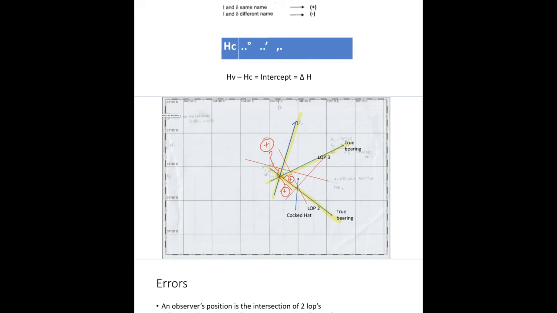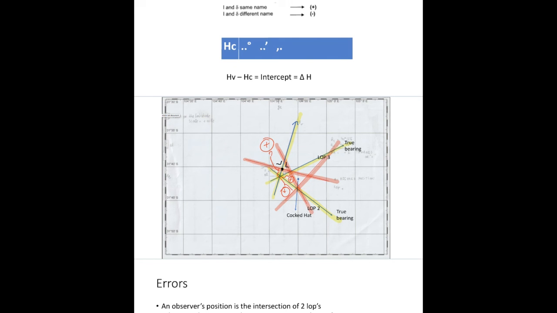All three intercepts are positive. And so then we can draw the lines of position. I'll take a red color for that. These are the lines of position, perpendicular, very important, always perpendicular to the true bearings marked at the end position of your intercept. So you have a line of position 1, line of position 2, line of position 3.